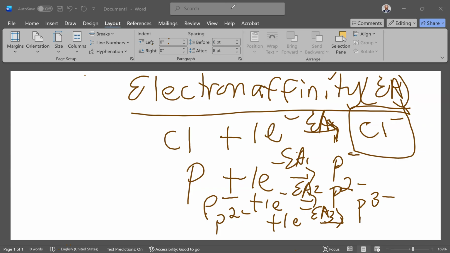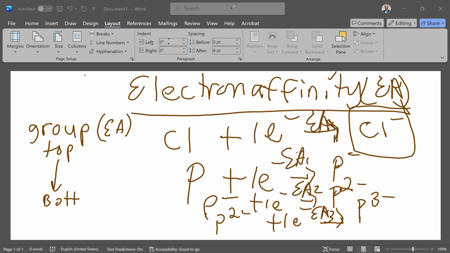Within the group, the electron affinity from top to bottom decreases. Same as the ionization energy, the opposite of atomic radius.